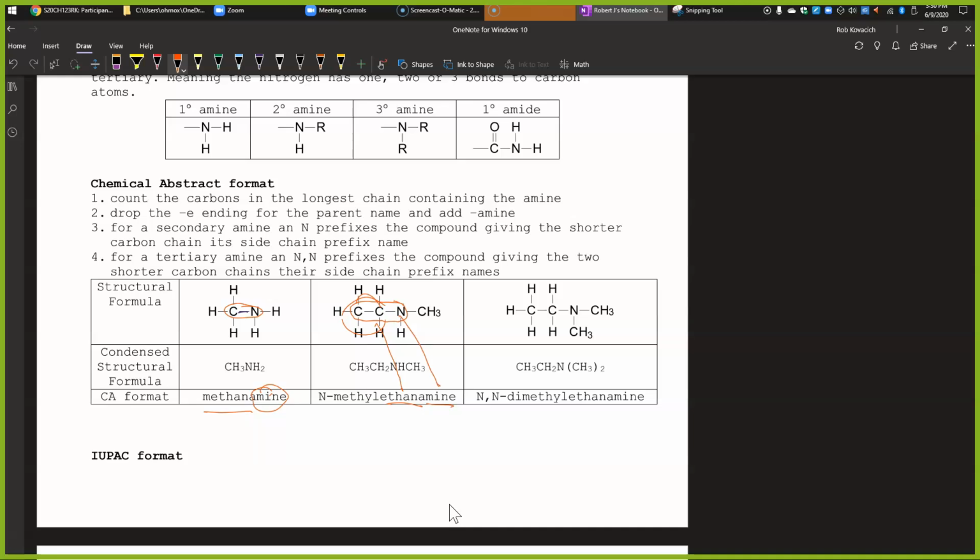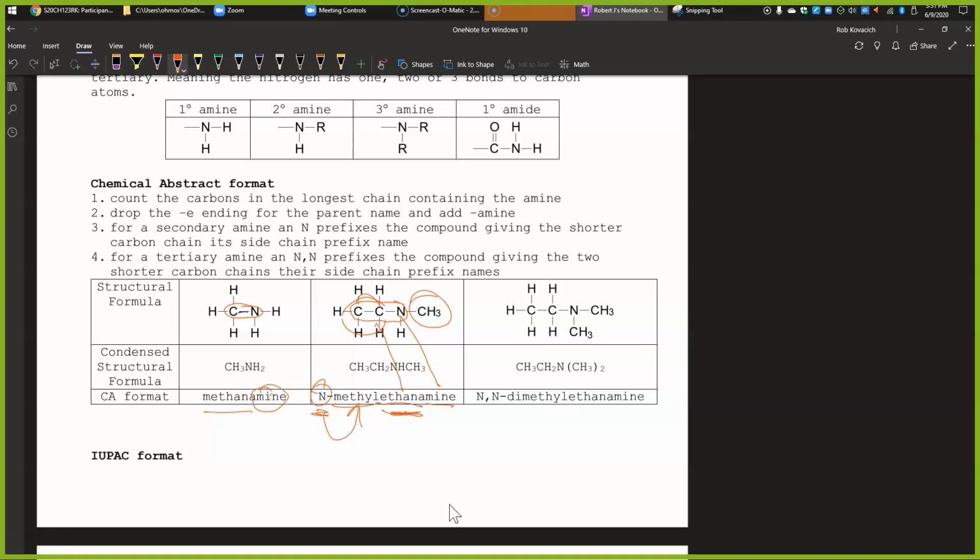But now this nitrogen also has something else attached to it, and it's a methyl group. So how do I designate that? I say N-methyl. So what this is saying is I've got on my nitrogen, I also have this methyl side chain, plus the nitrogen is attached to 2 carbons. And so there's my ethane amine.